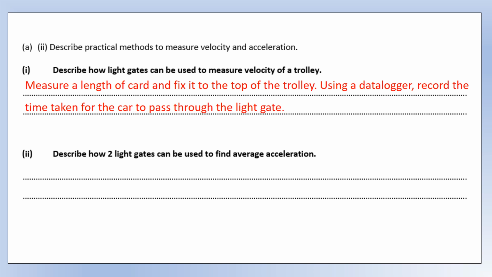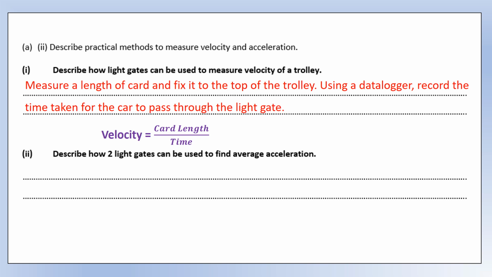Then we use a data logger to record the time it takes for the card to pass through the light gate, or the time that the laser is broken. From that, we can calculate the velocity of the trolley, assuming that it was constant as it passed through.